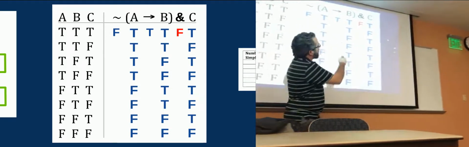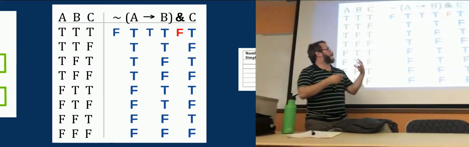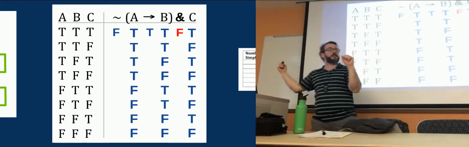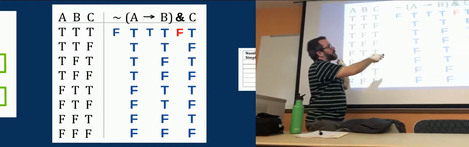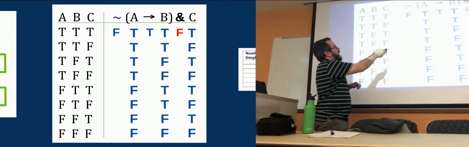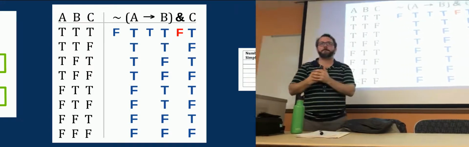C is off on the other side of the and. In order to evaluate that and statement, I need to know the conjunct to the left of the ampersand and the conjunct to the right. The conjunct to the right is pretty easy. It's just C. The one to the left is that it's not the case that if A, then B.